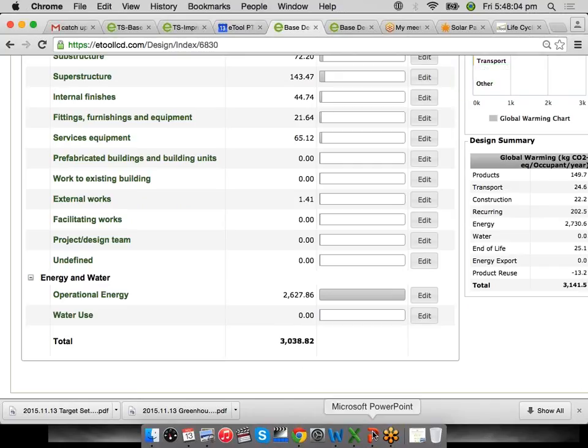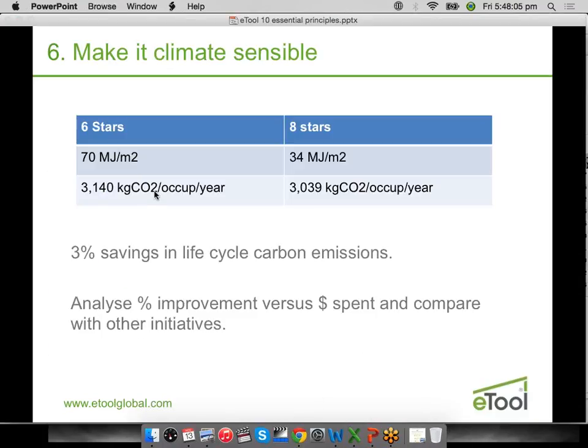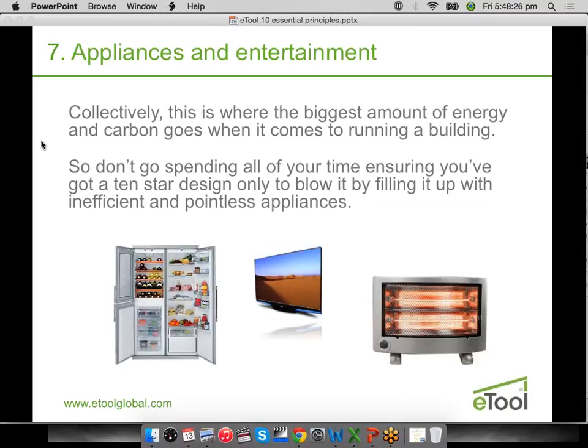So that's the 3% savings that I showed in here, from 140 to 40. So you're saving 100 kilograms of carbon by improving your thermal performance. So that's the message here with this principle. Does that make sense? Yeah.